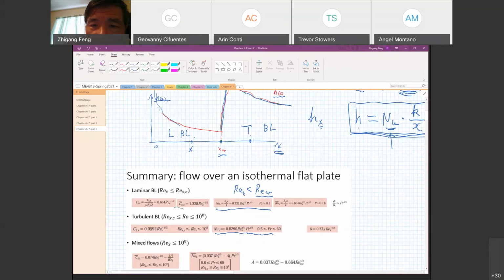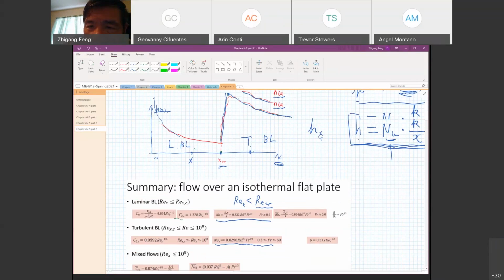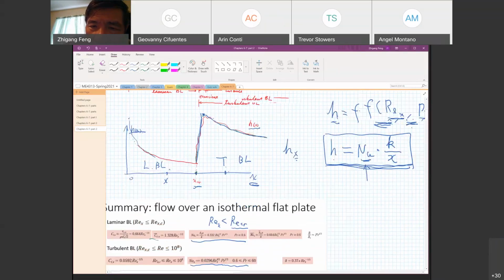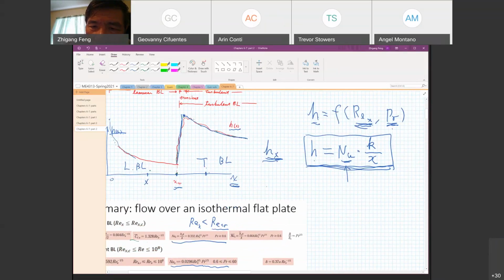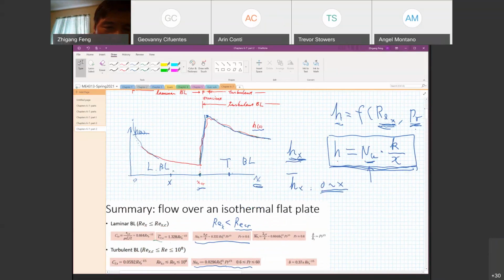And if we need to find the average Nusselt number, so this is the local one, that's the notation where you add a bar to indicate the average between 0 and x. Okay. So let's say I want to find the average Nusselt number between x equal to 0 and x.